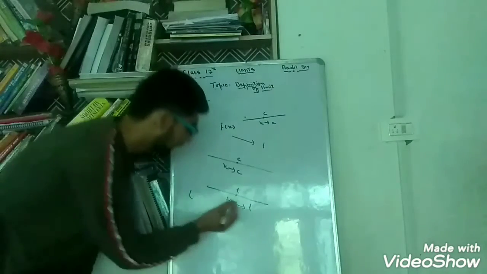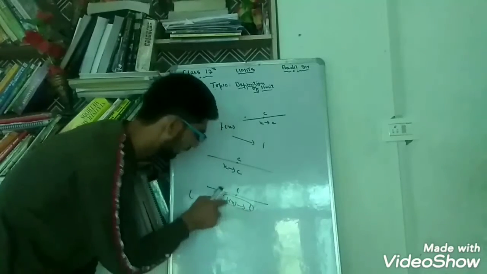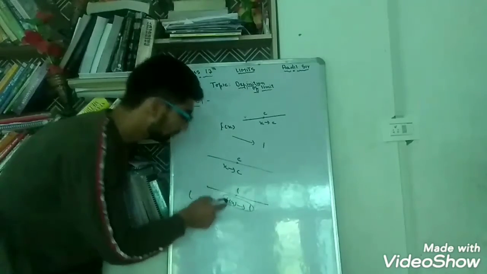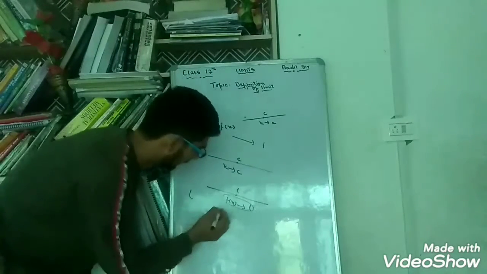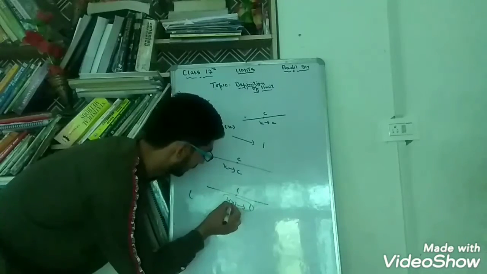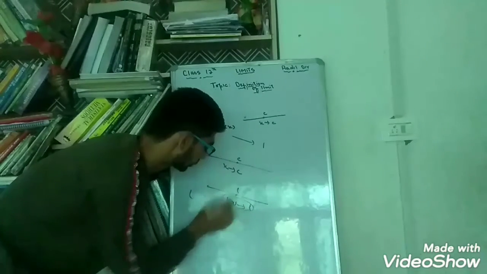We know that when we write x tends to c, it means the values of f of x are getting very close to this L.